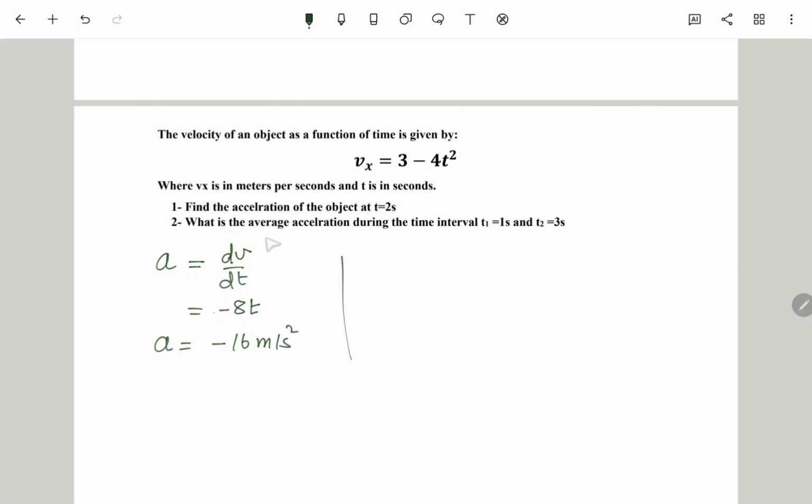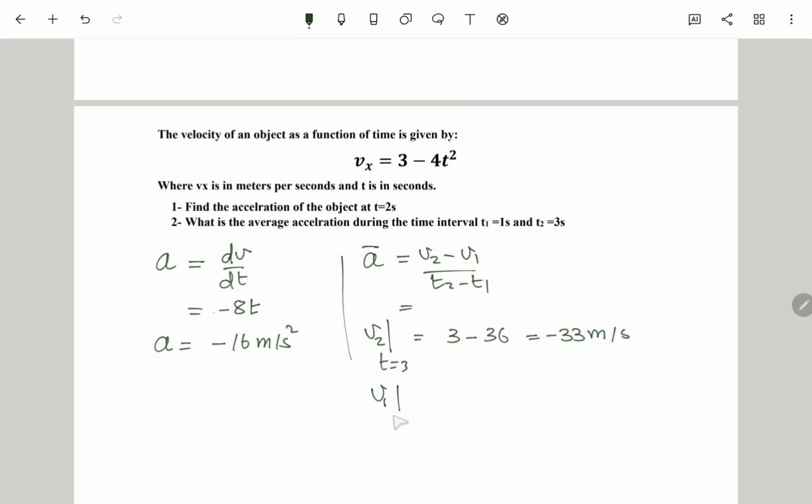Now what is the average acceleration during the time interval 1 to 3? We would like to calculate the average acceleration, which is equal to v2 minus v1 over t2 minus t1. So v2, when t equals 3, is 3 minus 36, which is minus 33 meters per second.